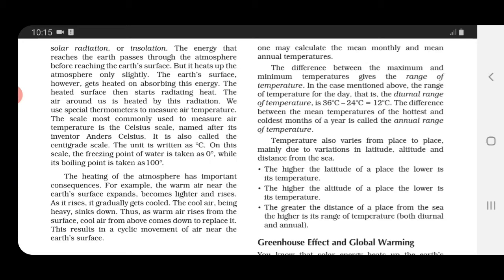For example, warm air which is near the earth's surface, it expands. वो पहले expand होती है, it becomes lighter and lighter, जैसे होती है वो ऊपर rise होती है, it starts rising, okay? And as it rises, it gradually gets cooled. जैसे जैसे वो rise होती है वो क्या होना start हो जाती है? Cool, okay? It gets cooling.